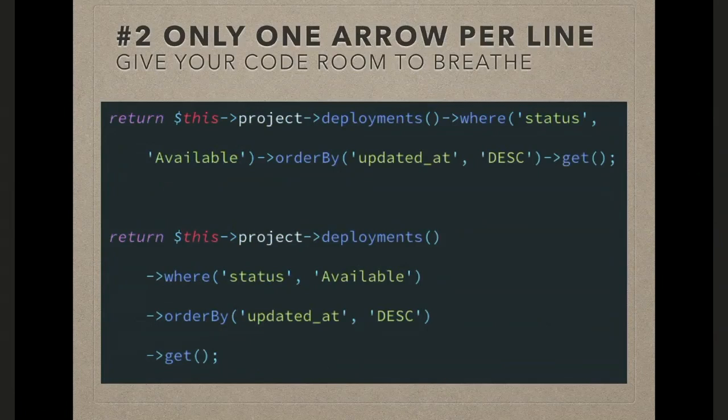So we're going through projects, we're getting deployments. So we're leaving those on one line and then doing the rest of them. And it just feels a little nicer than it would be to put that deployments on the next line. So like I said, these are just suggestions. You don't have to follow them to a T. You can just use them as you see fit.